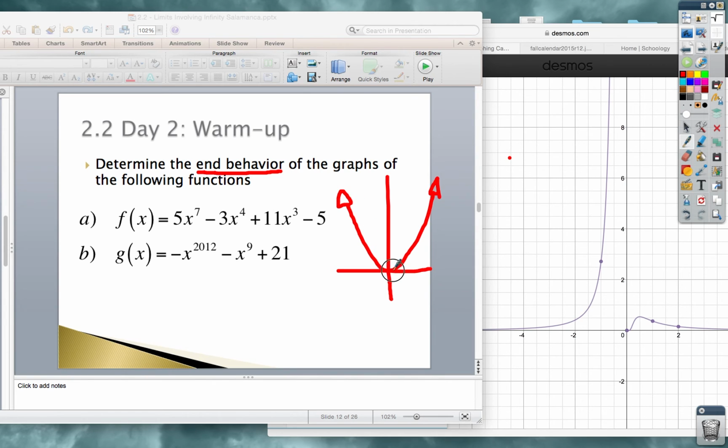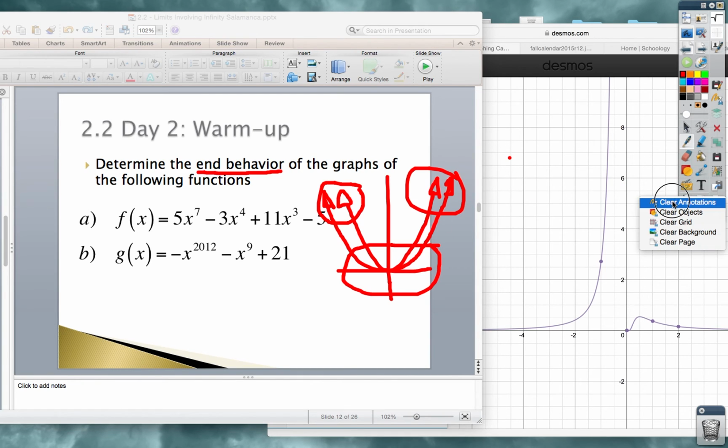Your x to the fourth graph is actually going to come out a little wider. And so if you look at the ends of the x squared and the x to the fourth graph, you'll notice they're exactly the same. We're really just looking at the ends. What do they look like without worrying about the middles? So right here, we don't care about that. So that's what end behavior typically refers to.